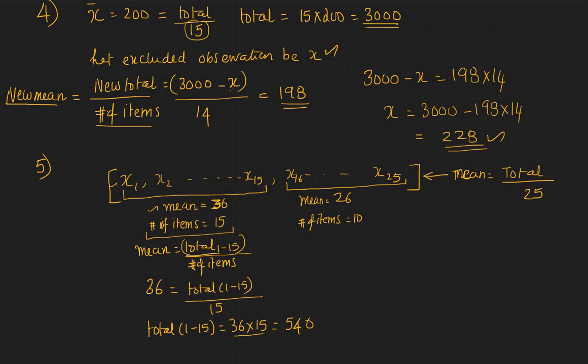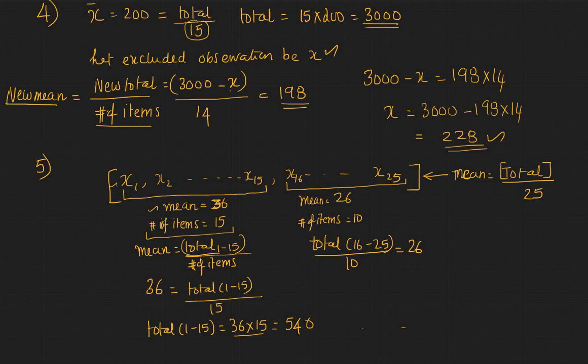And now similarly, please find the value of total from 16 to 25 divided by 10 items equal to 26. So please find this total, and once you find this total, then we can add both these totals and get the total of 1 to 25 items.